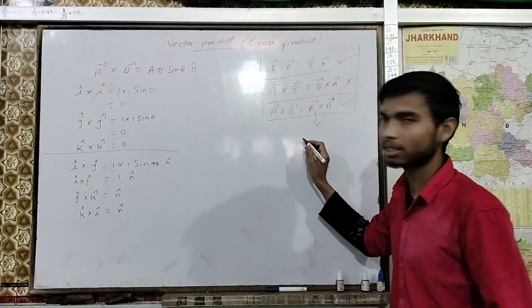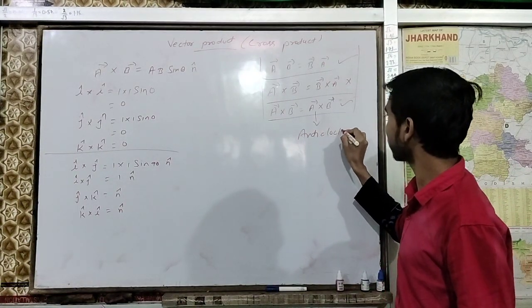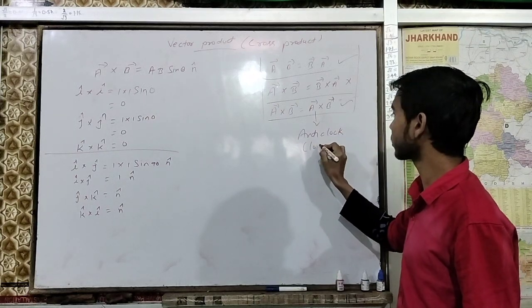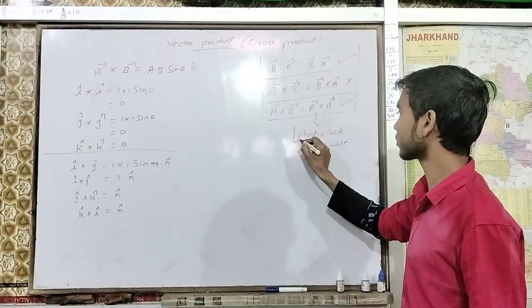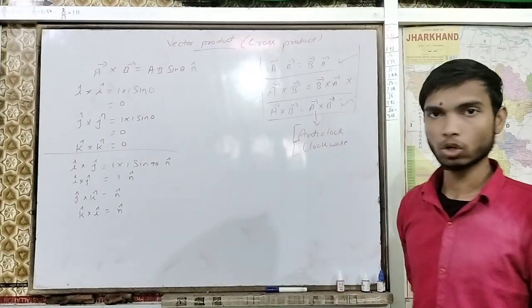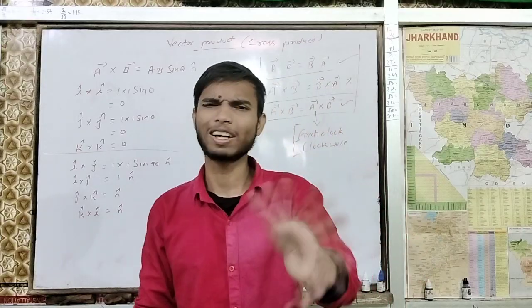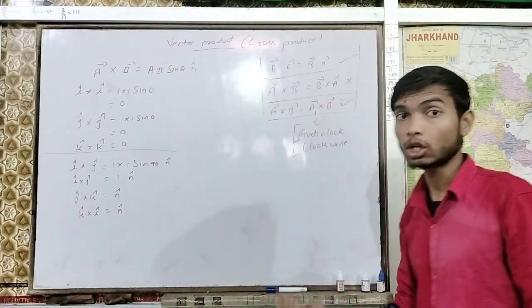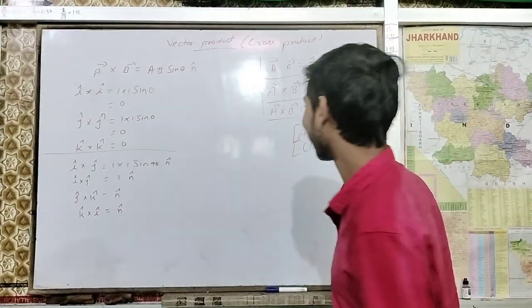So that's why direction is compulsory. Anti-clockwise and clockwise. There are two directions of angles, one is anti-clockwise direction and another is clockwise direction. These are two directions of unit circle.